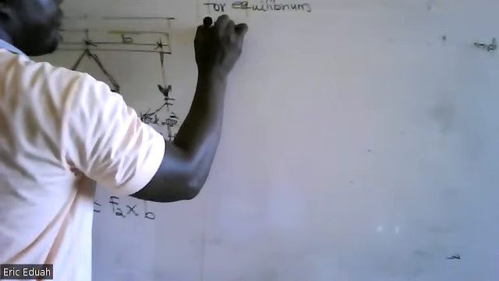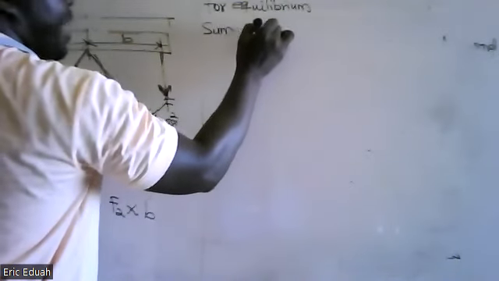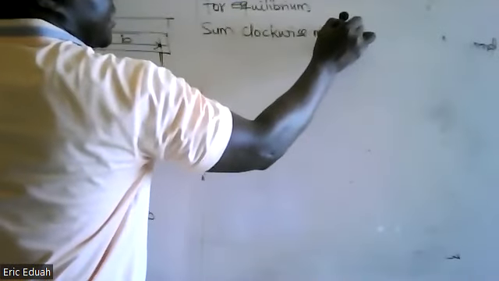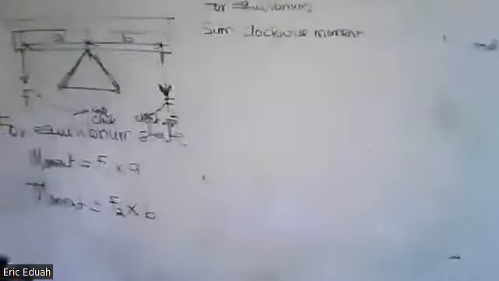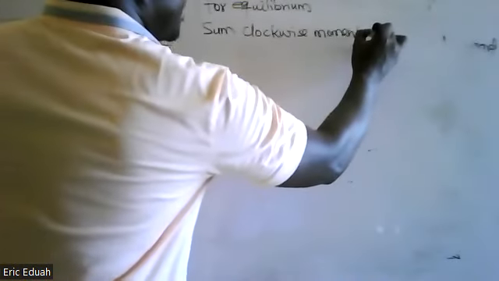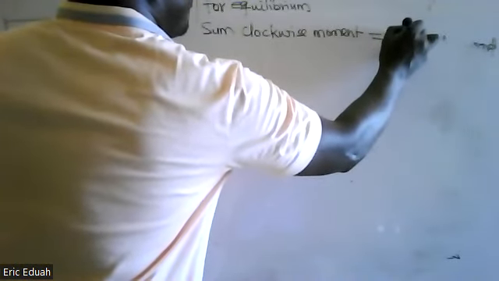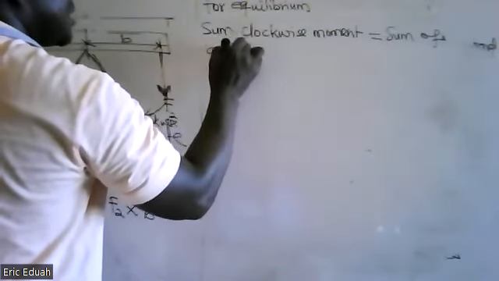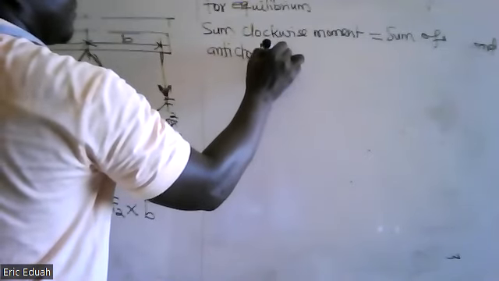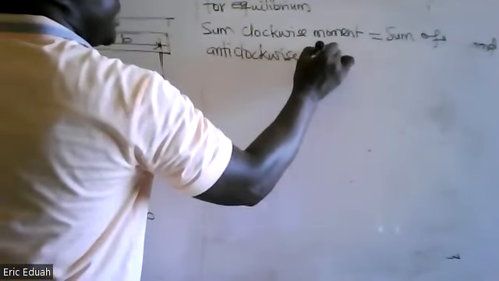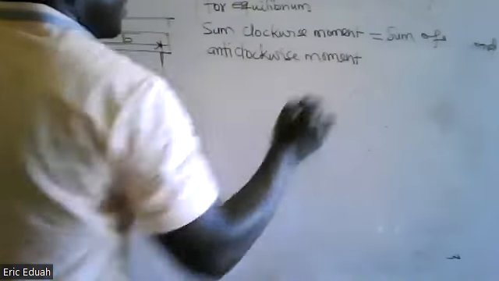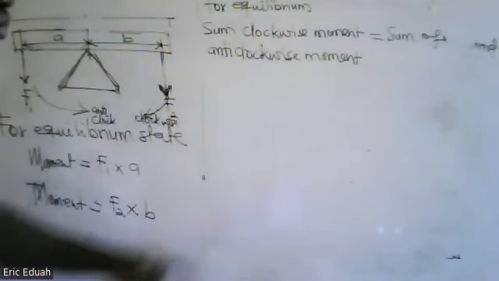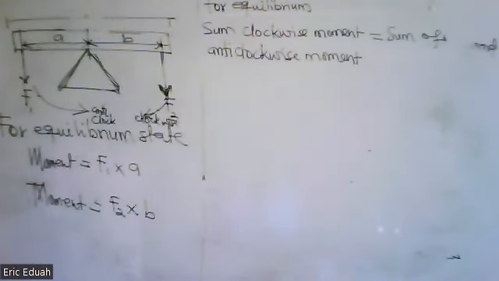Okay, so for equilibrium, the sum of clockwise moments must be equal to the sum of anti-clockwise moments. This moment is also said to be torque.